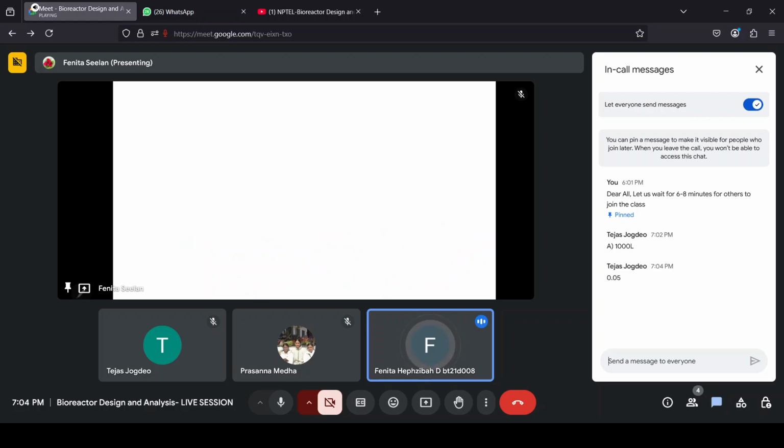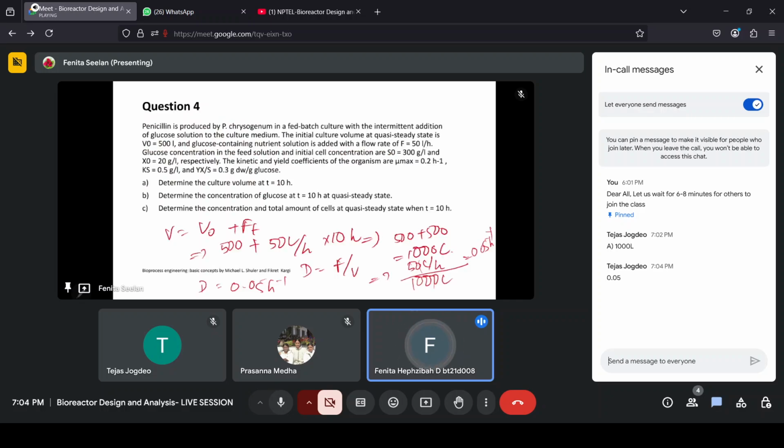So what did we do to calculate the value of substrate concentration at quasi-steady state? S is equal to, we have derived an expression from the Monod kinetics and considering D approximately equal to the dilution rate at the quasi-steady state condition. This is the expression we derived. So we just have to substitute the values. D value is 0.05, Ks is 0.5 and mu max is given as 0.2.